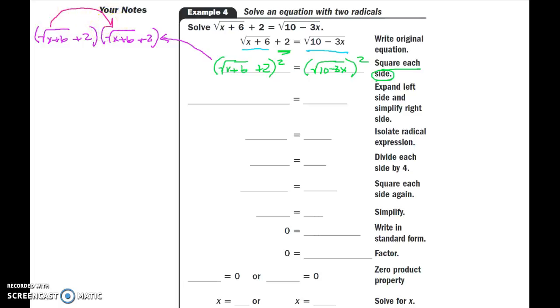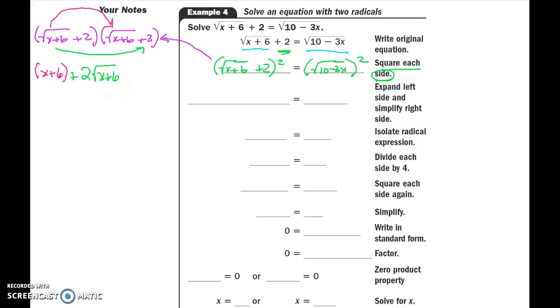Well, that's just taking that radical and squaring it. So that gives me just plain old x plus 6. So that's actually pretty nice. Okay, now I've got to take the square root of x plus 6 times 2. Well, they're both positive, so it's positive. So I have positive 2 square roots of x plus 6.